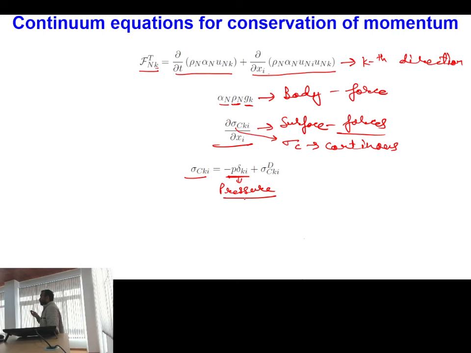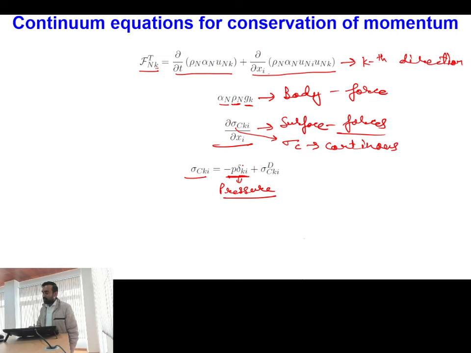Okay. Whenever you calculate the deviatoric stresses, like stresses because of the viscous effects, these stresses can act in both directions, normal direction as well as parallel to a boundary. On the contrary, the contribution of pressure will only come normal to the boundary. So that's why whenever I am writing this minus p, I am also writing delta ki over here. What is the meaning of delta ki?